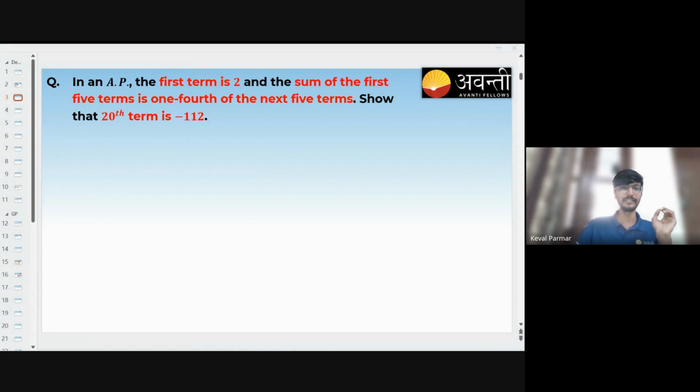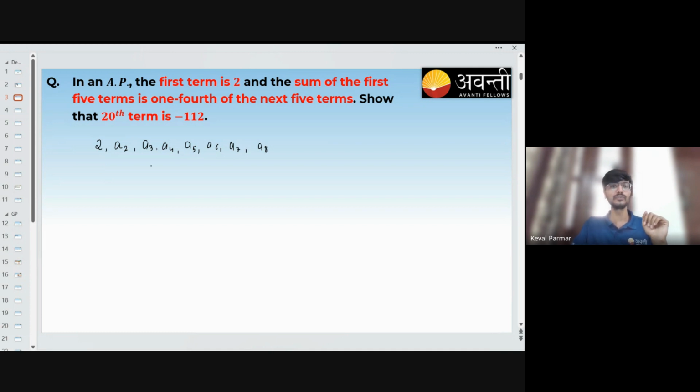What they are saying is, the first term of an AP is 2. So let's say I have the first term as 2. Let's write all the other terms in order. So I can write the second term as A2, A3, A4, then A5, A6, A7, and A8.